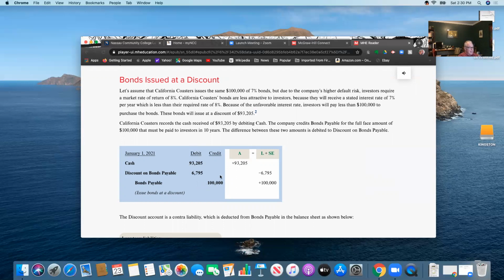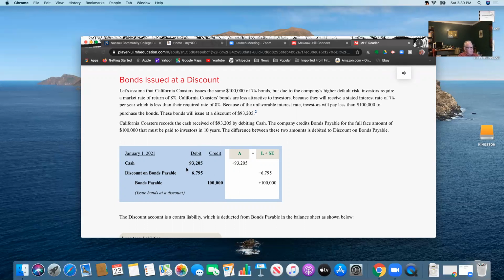If the day I took them to the marketplace to sell them, the rate of interest in the marketplace that day was 8%, because interest rates change, right? They're not the same all the time. If the market rate of interest was 8%, that means I could get 8% by buying somebody else's bond. Why would I pay full price for your bond when you're only paying 7%? So I'm going to pay you less.